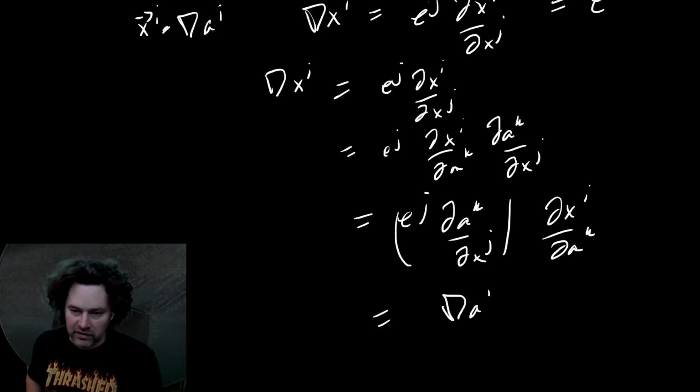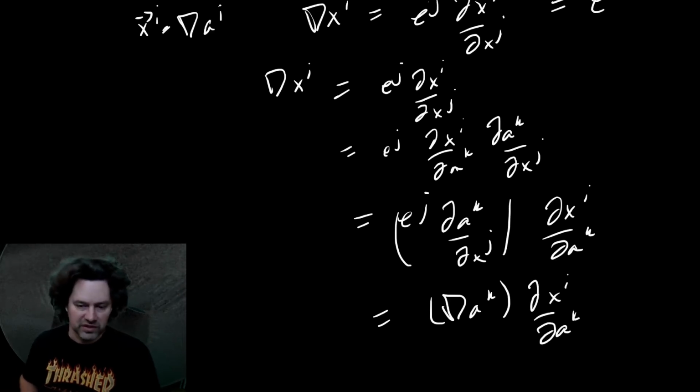Grad a^k times ∂x^i/∂a^k. So we see that, and that is e_i.